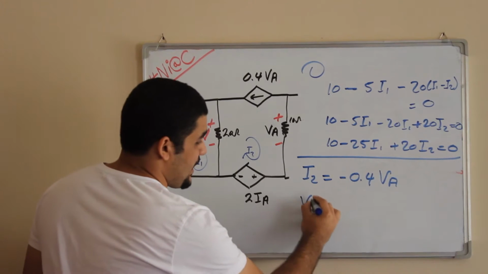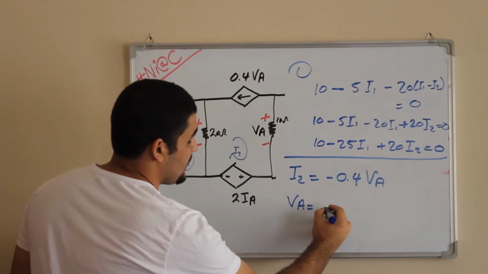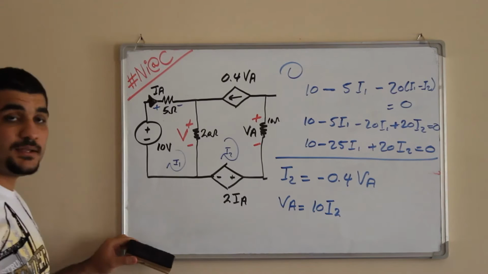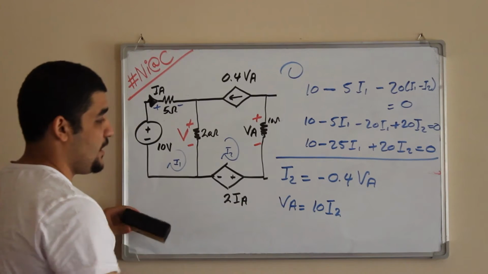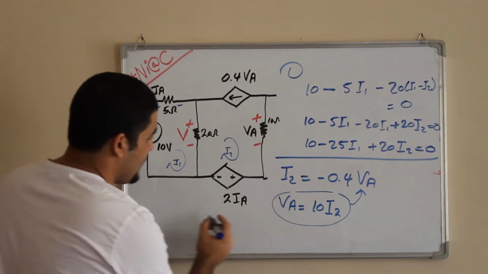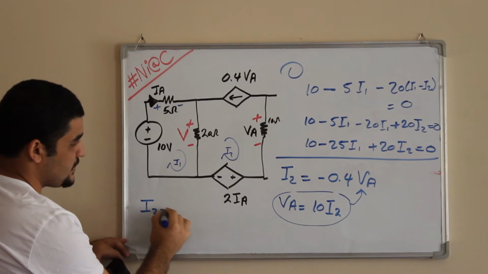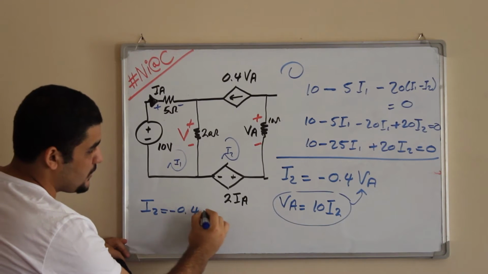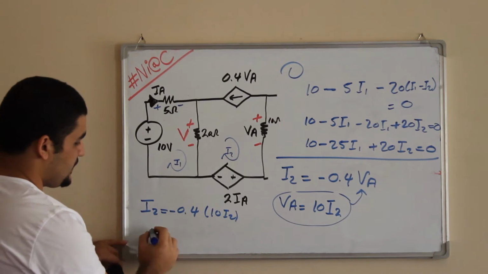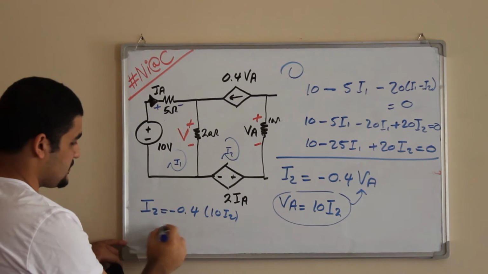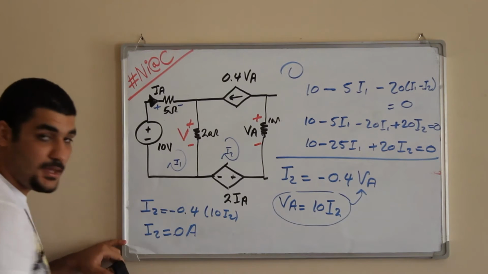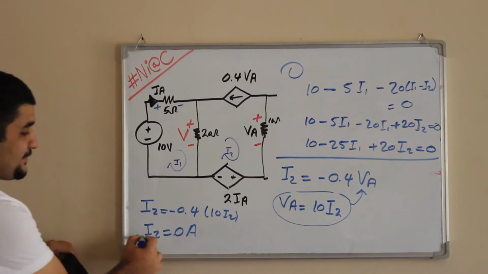The value of VA is equal to 10 multiplied by I2, right? Now, substituting this here, you will have I2 is equal to minus 0.4 times 10 I2. Now with simple calculus, moving this to this side and so on, you can find that I2 is equal to 0 amps.